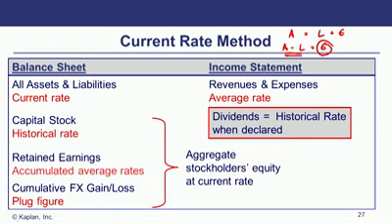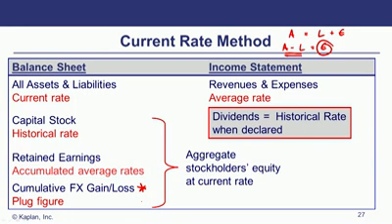And that's exactly, essentially, what this cumulative translation adjustment figure is doing. We're plugging it into stockholders' equity so that equity agrees to net assets. And if net assets are at closing rate, then the total of equity, i.e. the common stock, the retained earnings, and this CTA must be at closing.